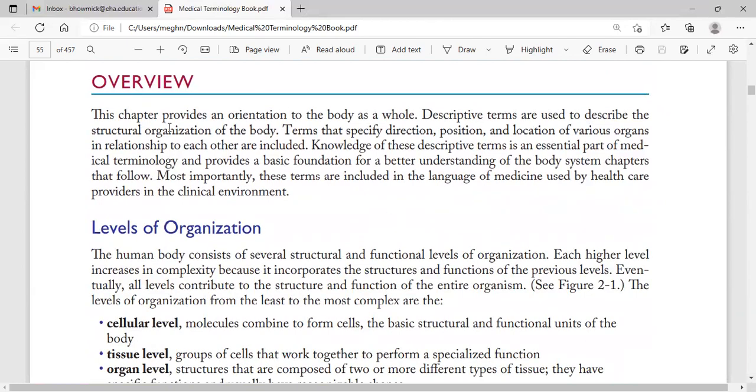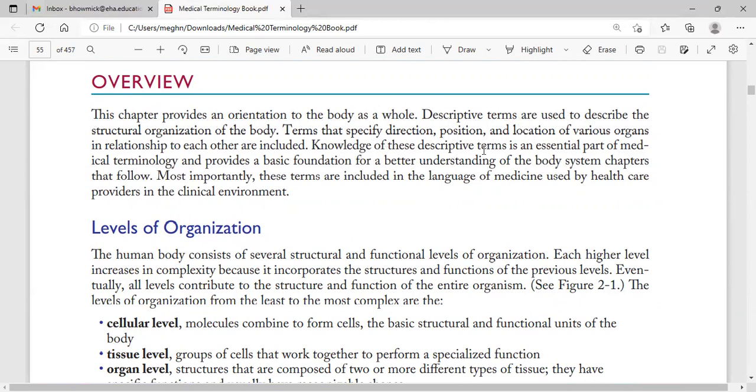So this chapter provides an orientation to the body as a whole. Descriptive terms are used to describe the structural organization of the body. Terms that specify the directions, positions, and locations of various organs in relationship to each other are included.